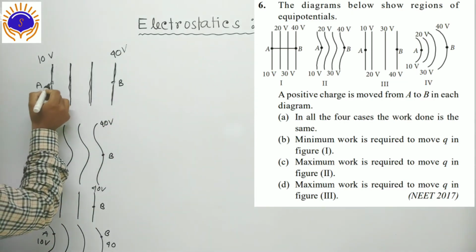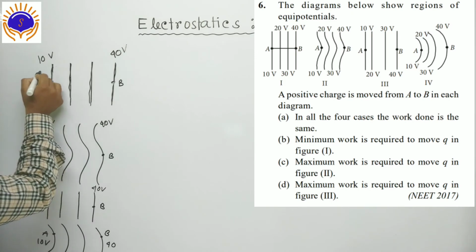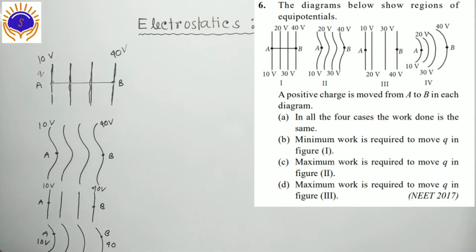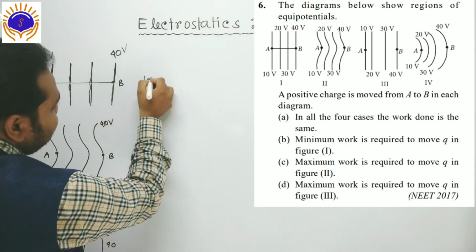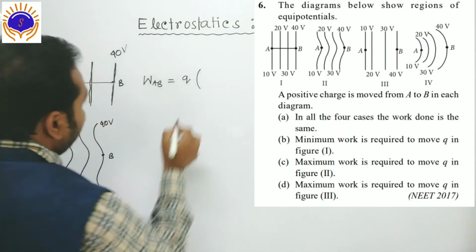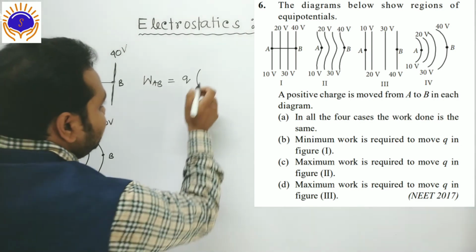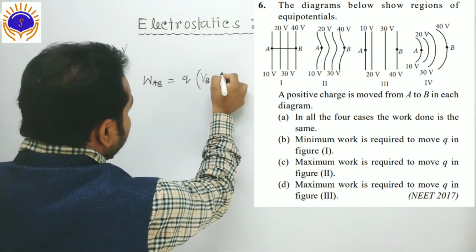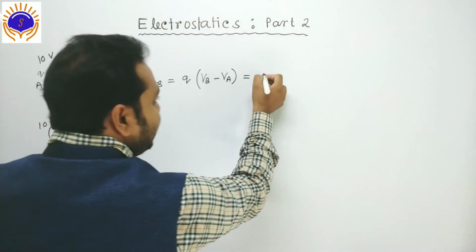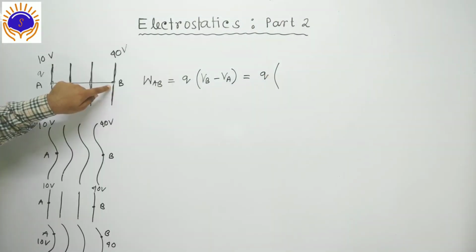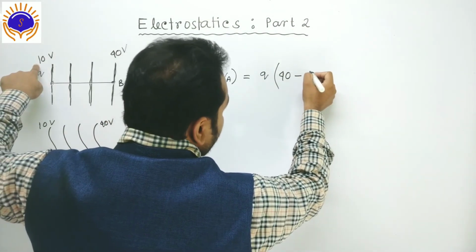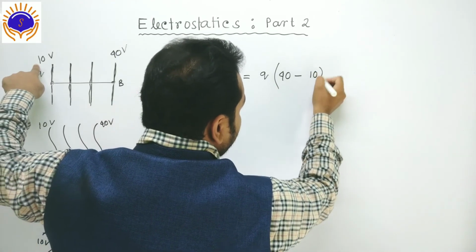So if you want to move a charge Q from point A to B, you have to do work, and this work W_AB is equal to charge into the potential difference between the points, that is VB minus VA. Okay, the charge is Q here, and the potential of the point B is 40 volt, and that of the point A is 10 volt.